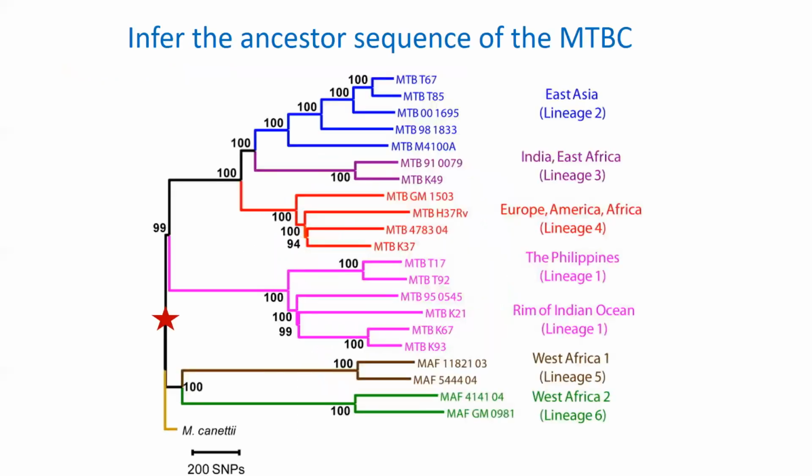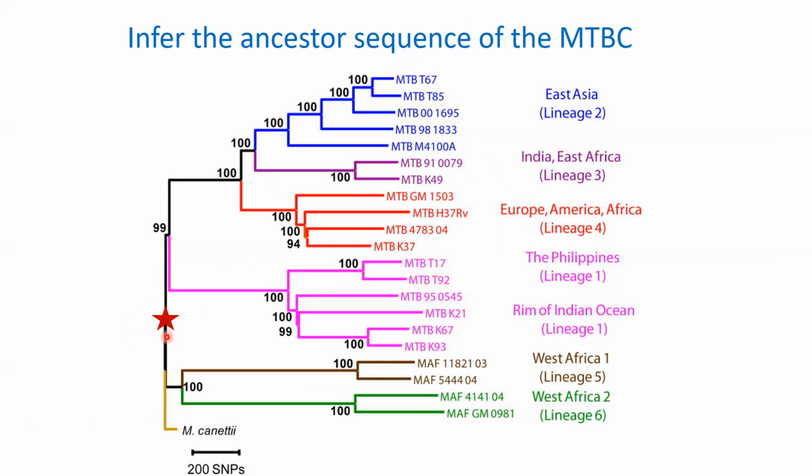This is a phylogenetic tree showing the genetic relationships of the main known lineages of the MTBC. If we go from the tips of the tree, on the right, to the internal nodes on the left, we get to a point where all lineages converge to one node, which I indicated here with a star.